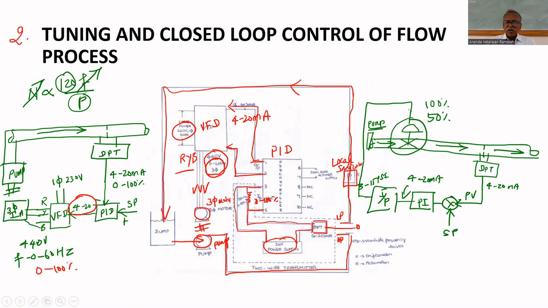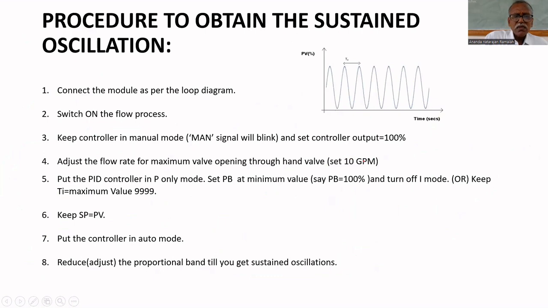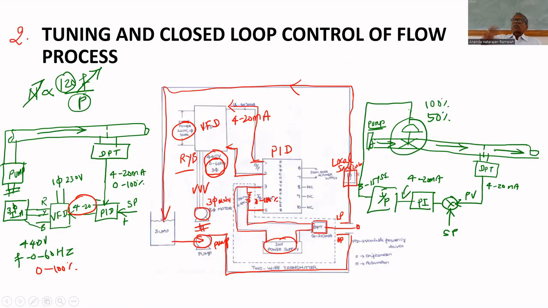Here we are going to do the flow process experiment. Ziegler-Nichols suggested two types of tuning. Yesterday we saw one type of tuning, the reaction curve method. How did we obtain that reaction curve? Put the controller in manual mode, that is open loop, so it is an open loop experiment. Bring the process to the nominal operating point.